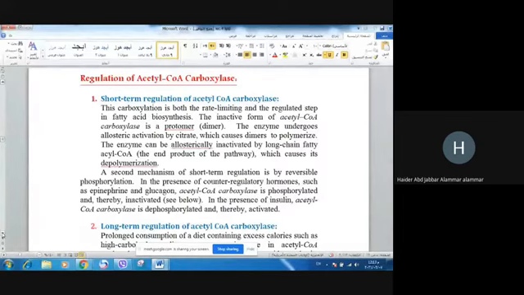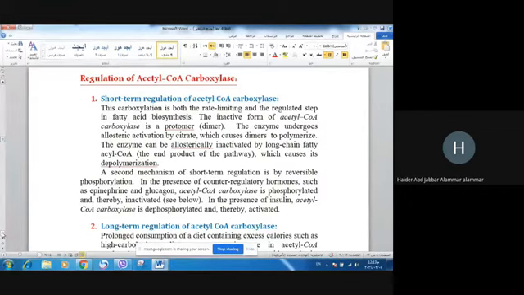Keep this in your mind, students, memorize it from me: most rate limiting enzymes are activated by the first substrate of the metabolic process and inhibited by the end product of the same metabolic process.